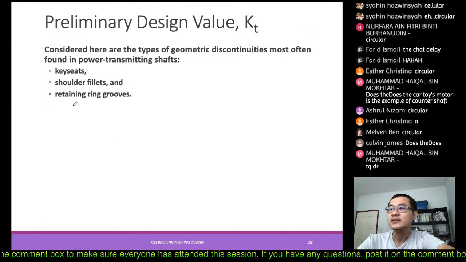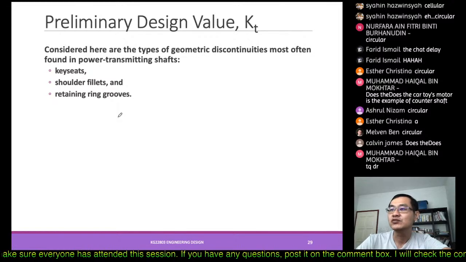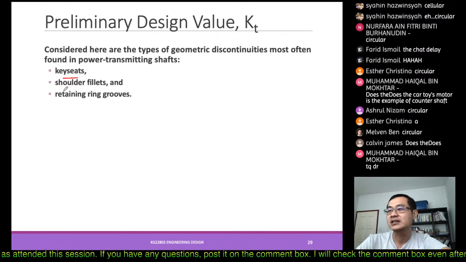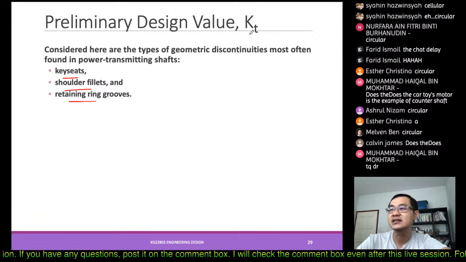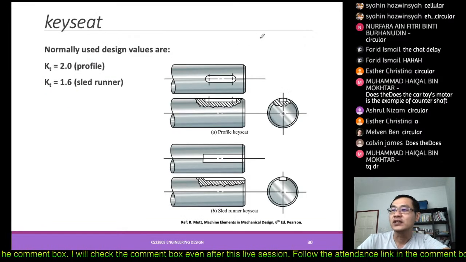Generally we cater for this by assigning concentration factors. For a key seat, when we put a key here, we put these factors.